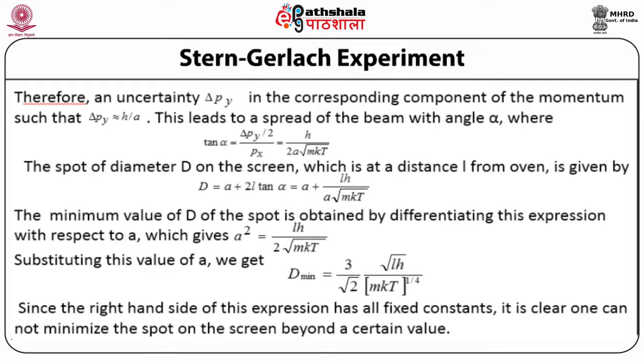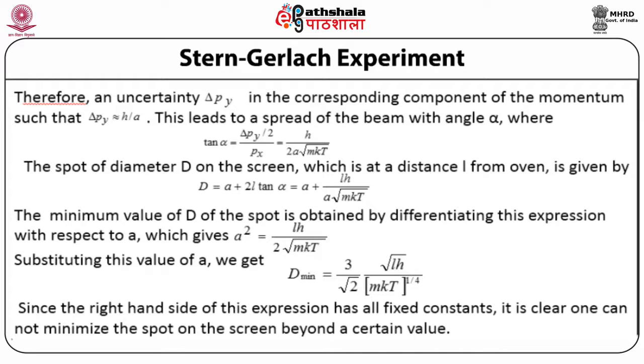Thus, tan alpha is equal to h by 2a into under root m kT. This expression is derived by using the relation for delta py and px. In this relation, h is the Planck's constant, a is the width of the aperture of the oven, m is the mass of the silver vapor atoms, k is the Boltzmann constant, and T is the temperature.